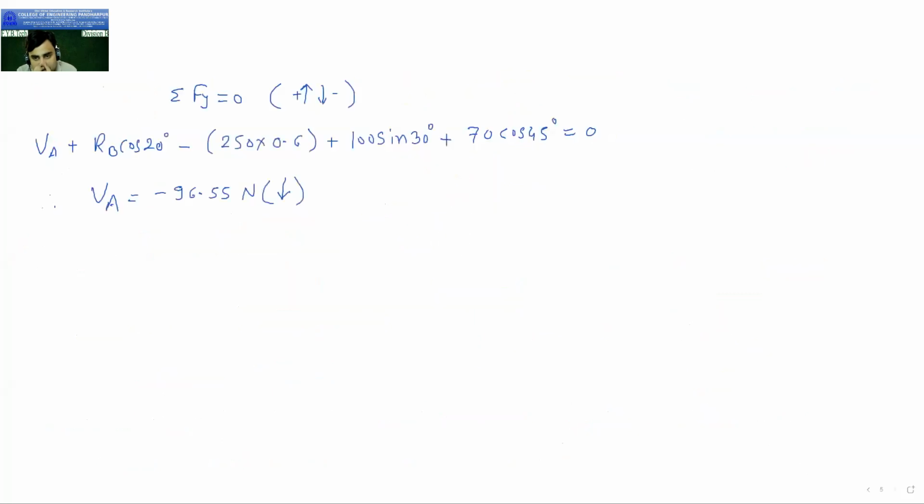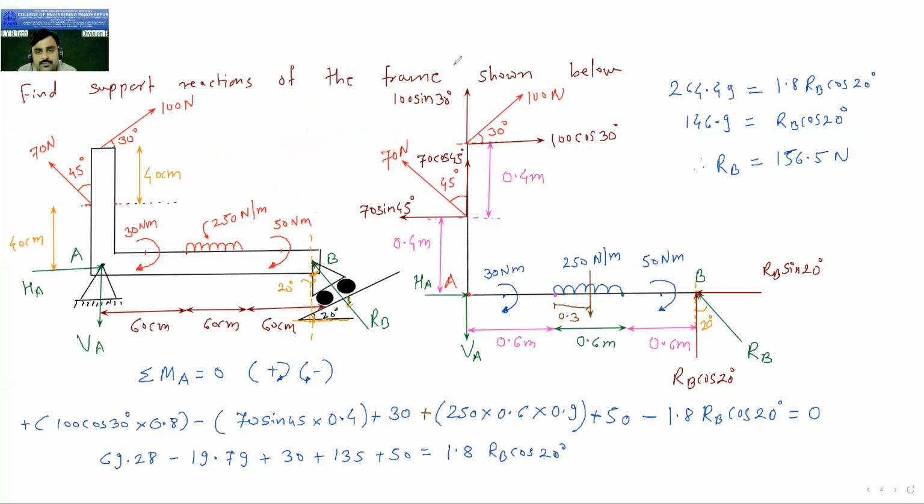Next, we can calculate HA. To calculate HA, apply summation Fx equal to 0. Forces towards right are positive, forces towards left are negative. We have assumed that HA is moving towards right, so this is positive. RB sin 20 is moving towards left, so RB sin 20 is minus. 100 sin 30 is moving towards right, so it is positive.